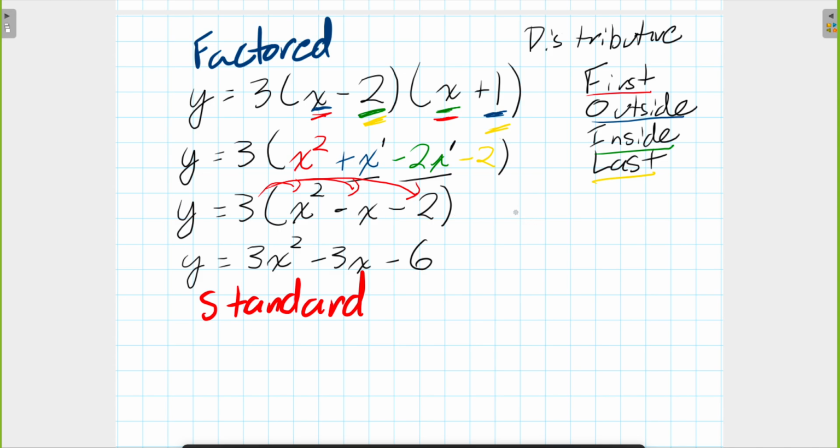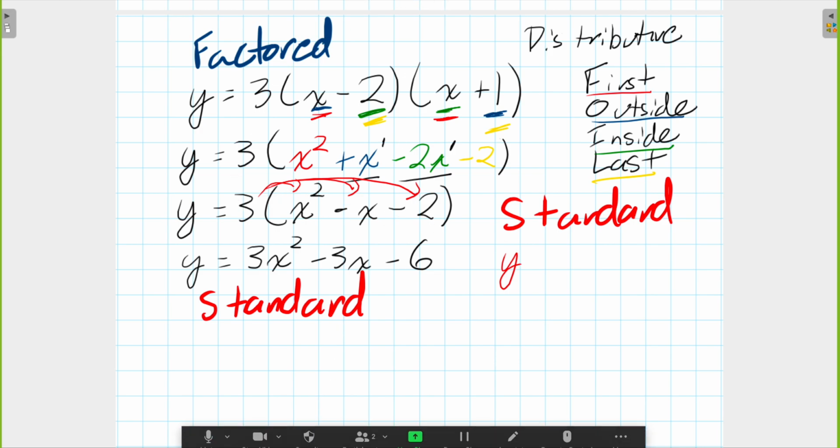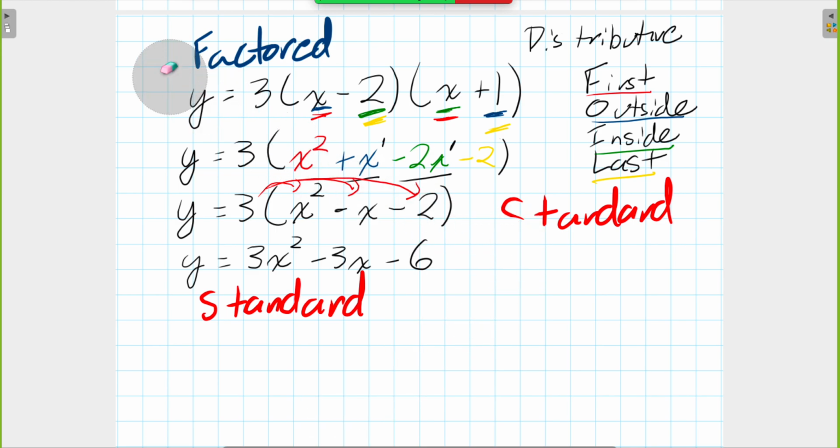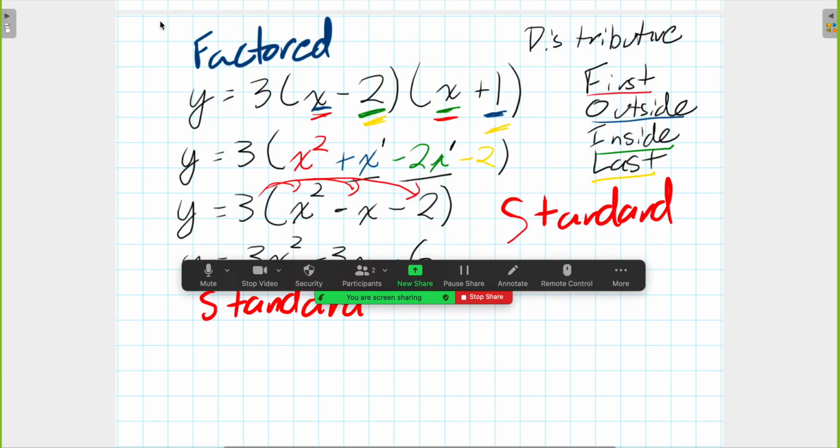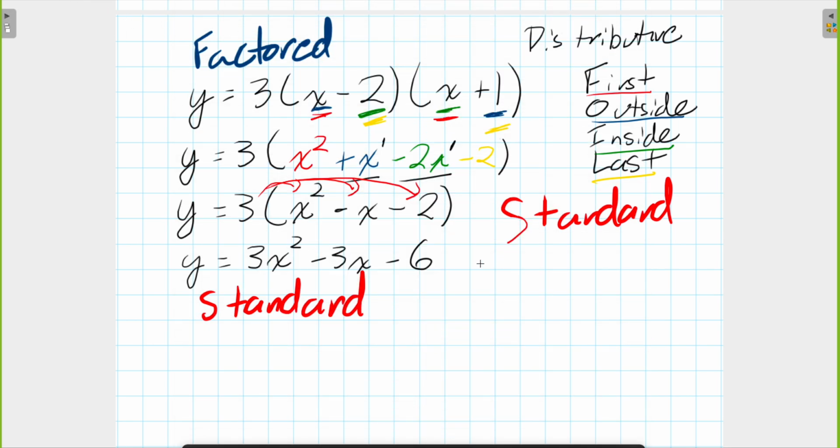With that being said, we can do the reverse, okay? Let's take this exact same equation we have. We're going to take this exact same equation.